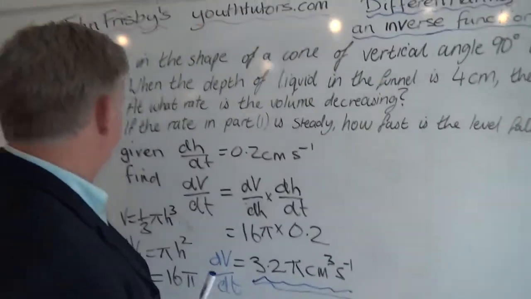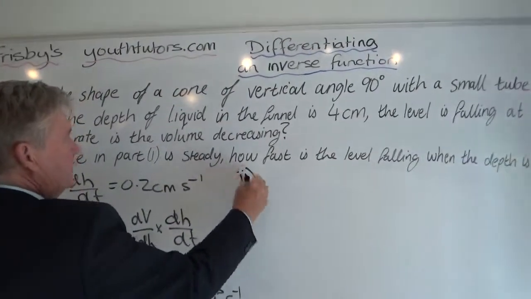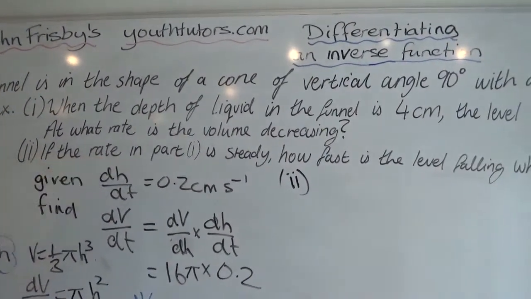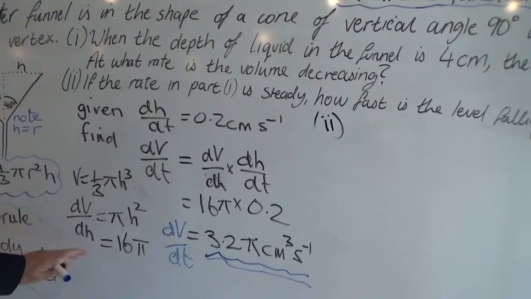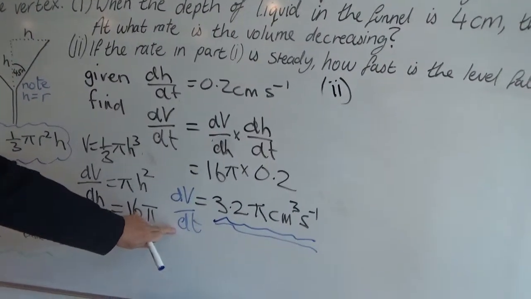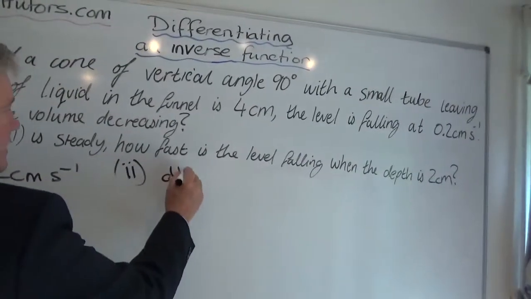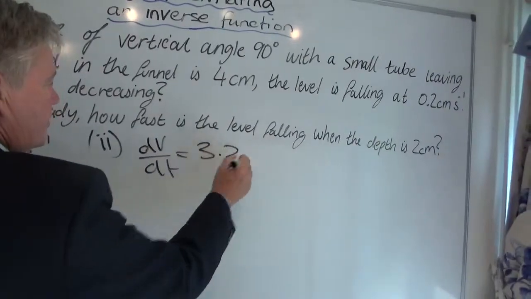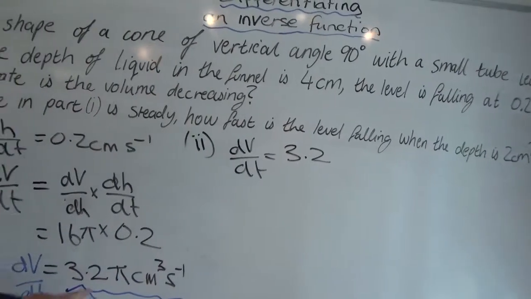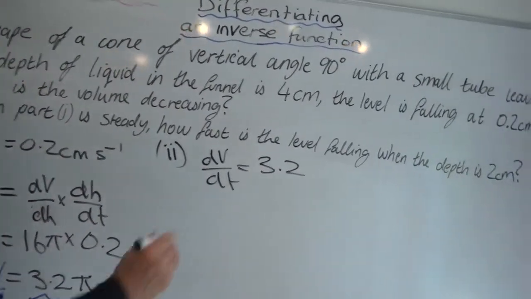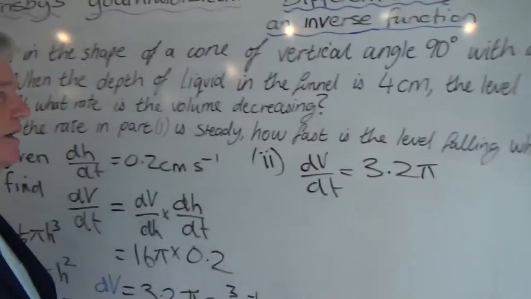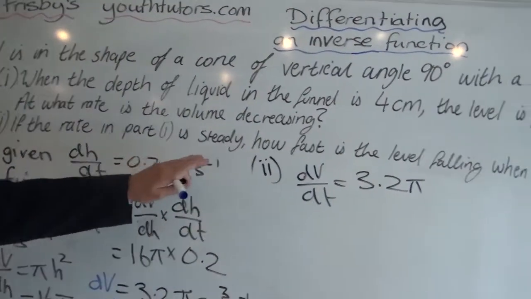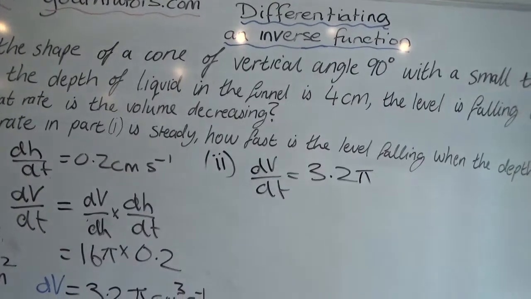Part two, if the rate in part one is steady, so that means we have found that dV/dt, we know dV/dt equals 3.2 pi. If dV/dt equals 3.2 pi, how fast is the level falling when the depth is 2 centimeters?